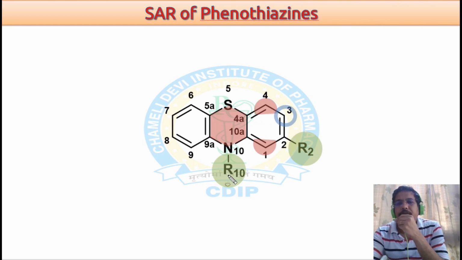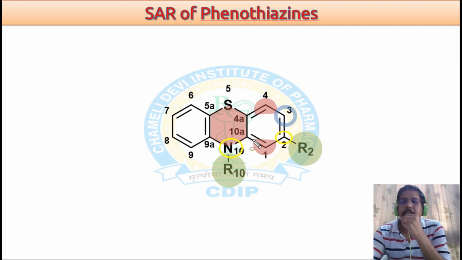So in case of phenothiazine, the two prominent zones are identified, that is the modification on the nitrogen of phenothiazine ring, that is on the 10th position, and the carbon on the second position, means A ring of the phenothiazine.